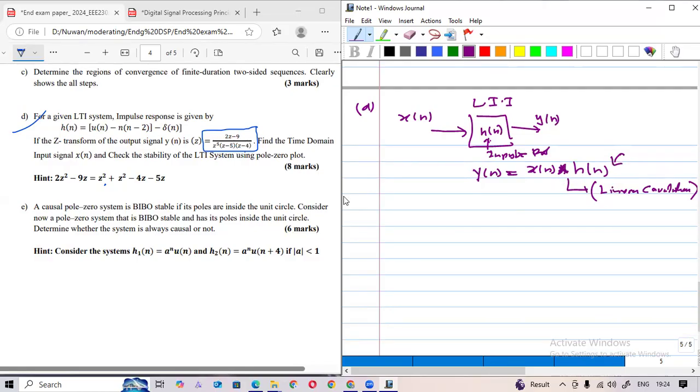But here y[n] is given, and you are asked to find x[n]. So here y[n] is given, h[n] is given, and you are asked to find x[n].